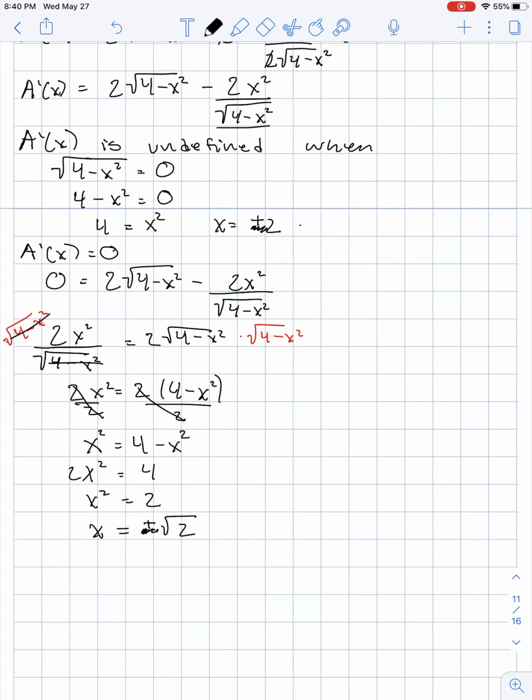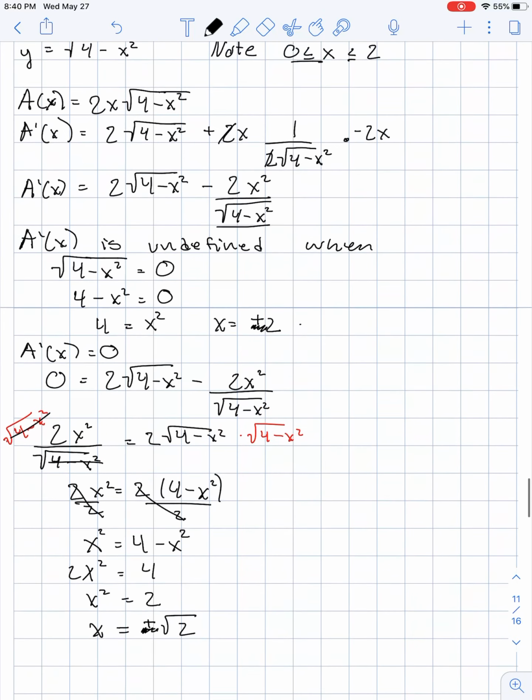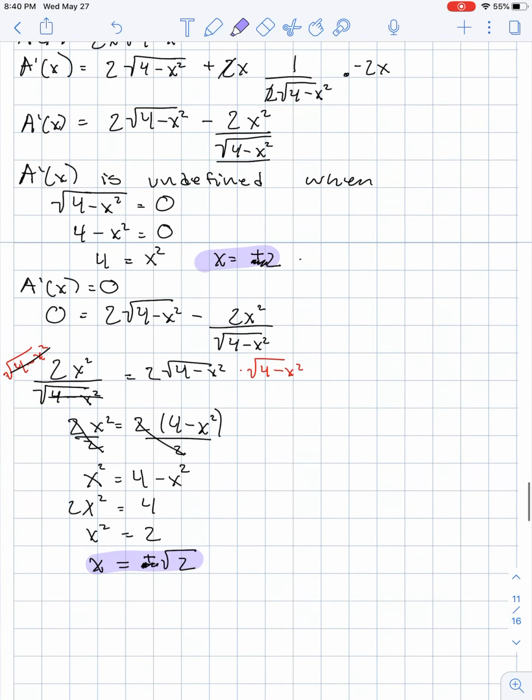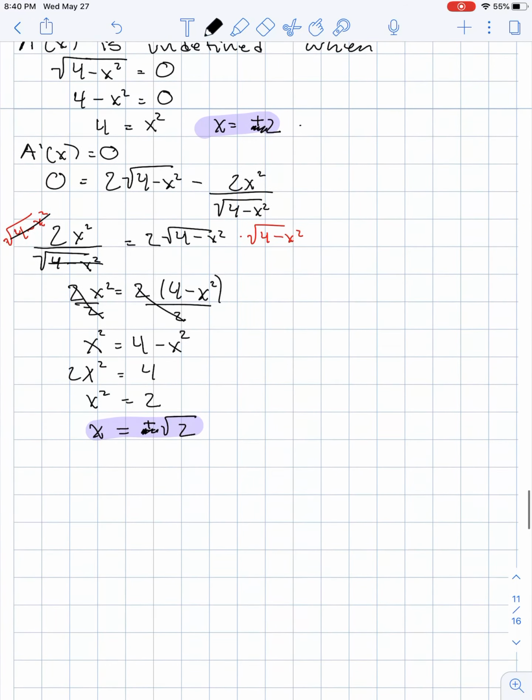Square root of 2, I think, is like 1.41 something. So now we have our 2 critical points and our 2 endpoints. Where was my other critical point? Oh yeah, x equals 2, and x equals the square root of 2.